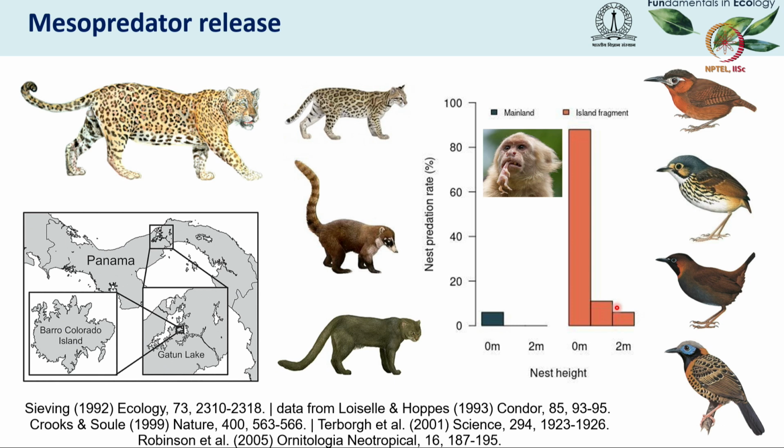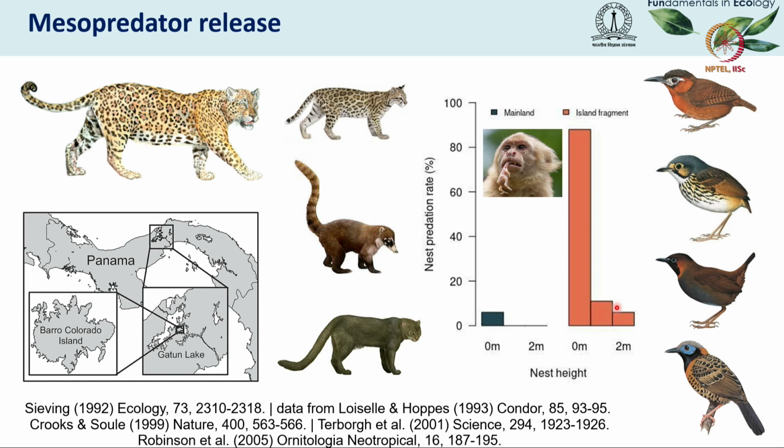Now, the jaguar is not interacting directly with these birds, right? But several bird species have gone extinct on Barro Colorado Island because of the absence of the jaguar and the release of mesopredators.